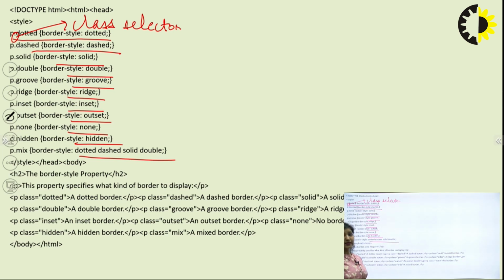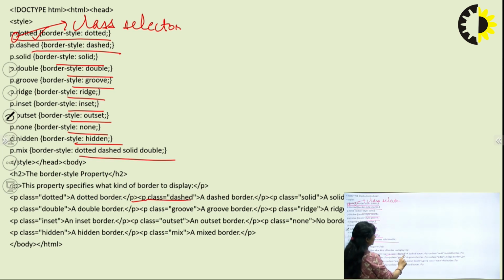So what do we mean by class selector? Class selector means that whenever I want to use a particular property, suppose I want to use this p dot dotted property, how can I use it? I just have to mention the tag name, which is p, and the name of the class. The name of the class is dotted.